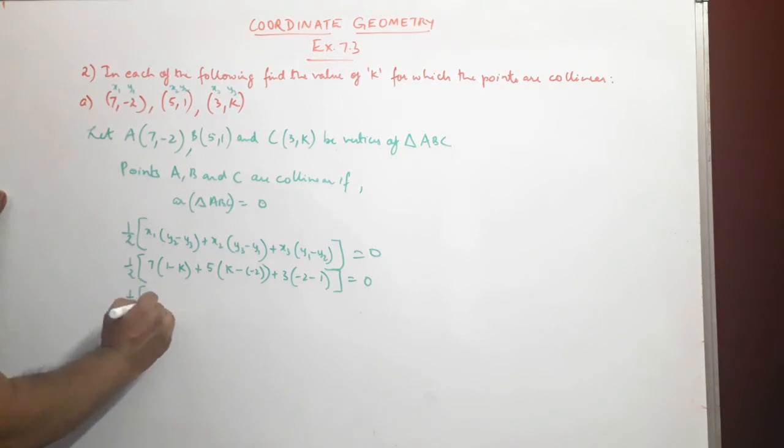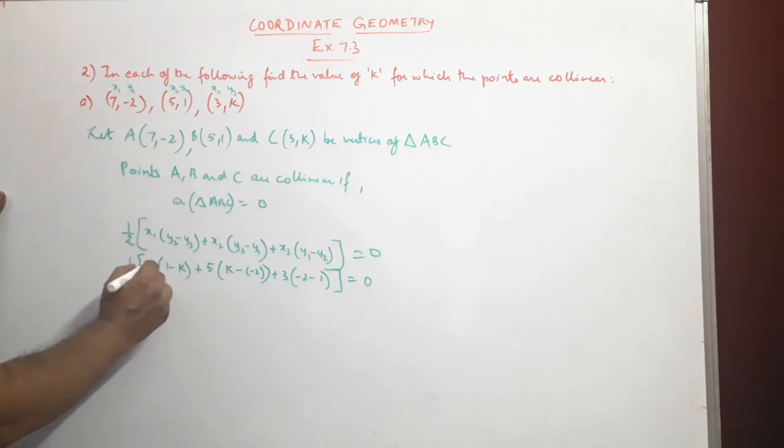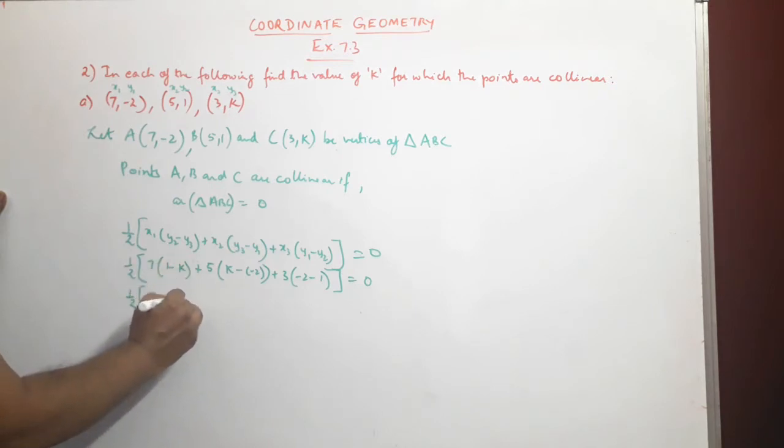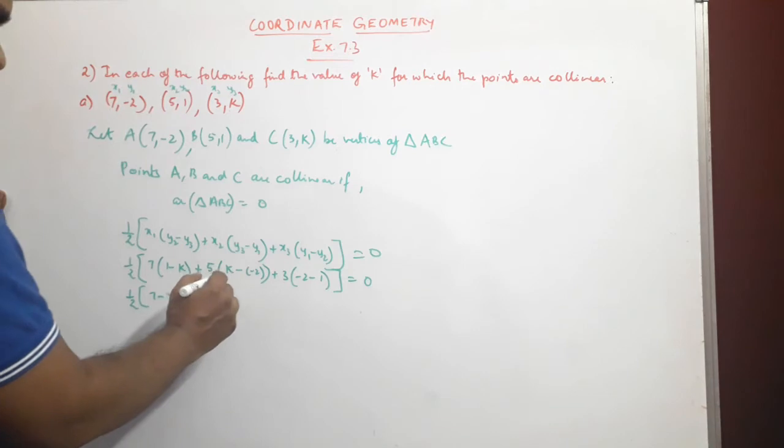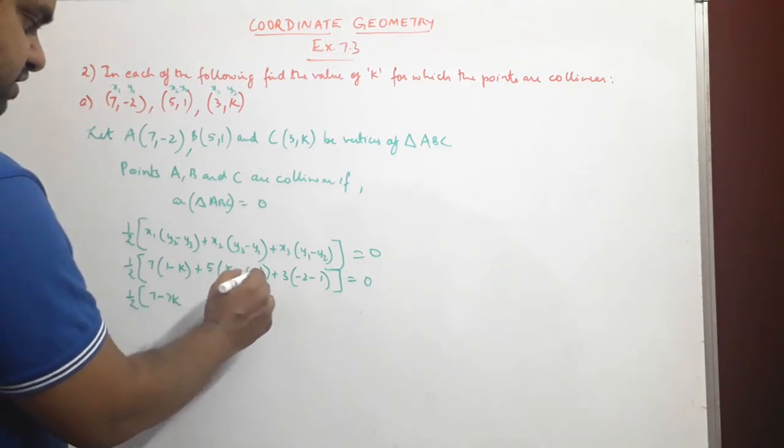Now 1 minus k will remain like that. So 7 into 1 gives us 7. 7 into minus k gives us minus 7k, followed by minus into minus gives us positive 2.